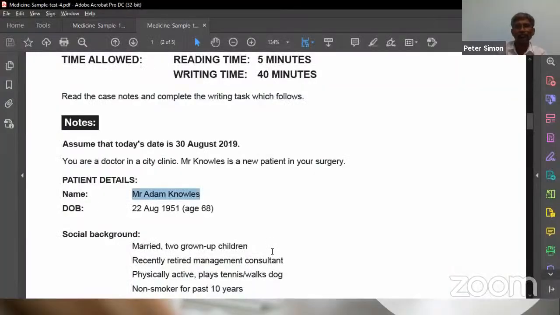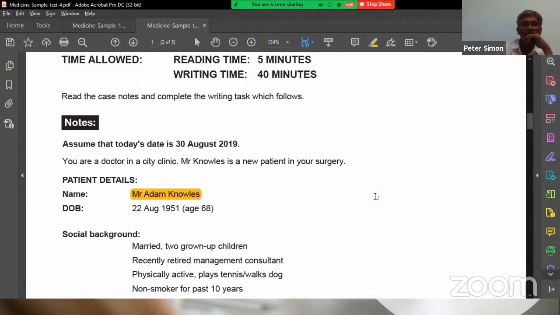Now let us see what the important aspects are. Let us start from here. Adam Knowles is very important. Next, his age is also there. When age is there, give importance to age.